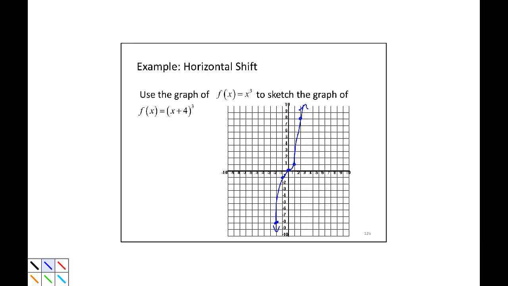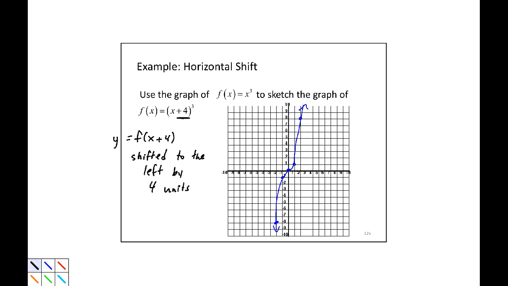Now (x plus 4) cubed, this is f of x plus 4, which means our function is shifted to the left by 4 units.